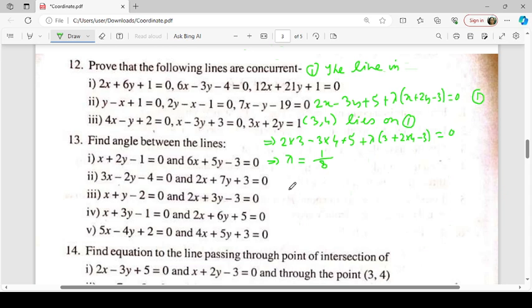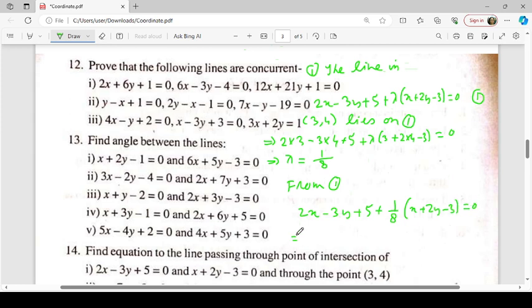So in equation 1, from 1 we have now 2 into (2x minus 3y plus 5) plus 1 by 8 into (x plus 2y minus 3) equal to 0.